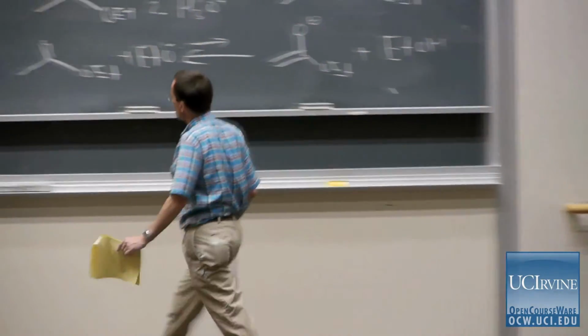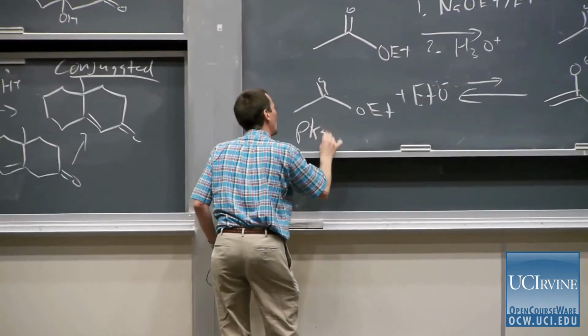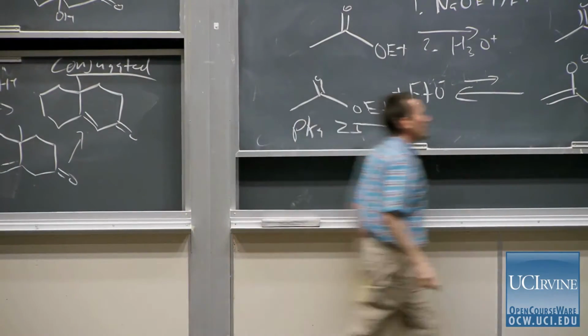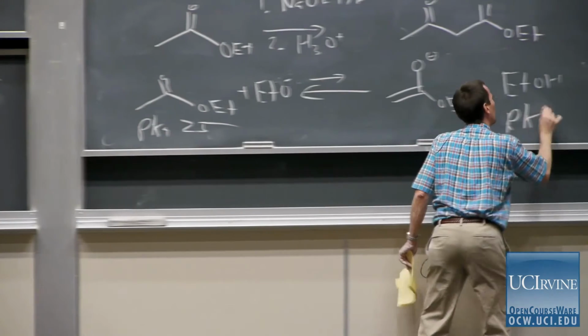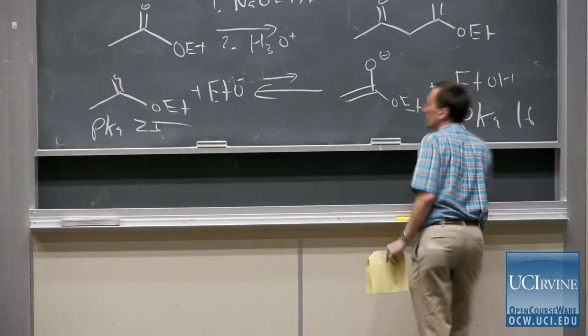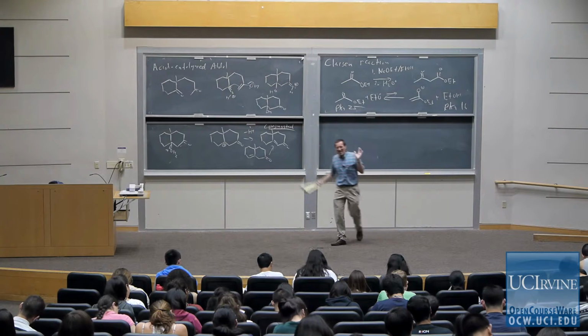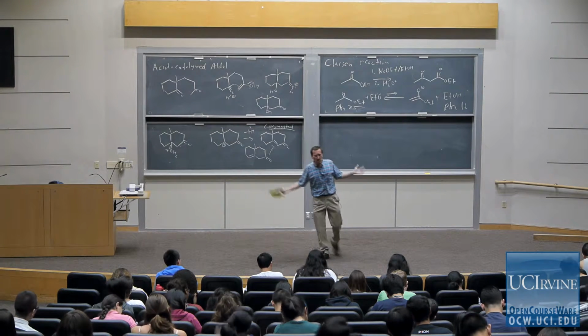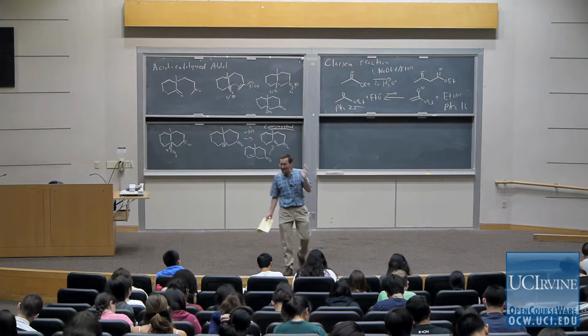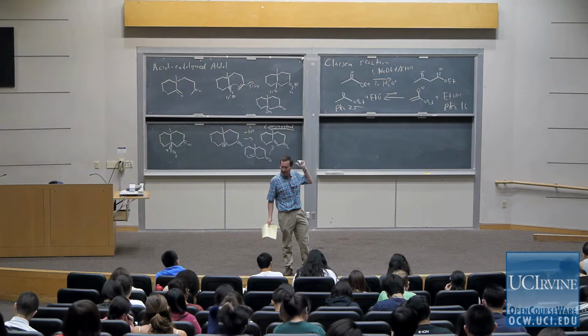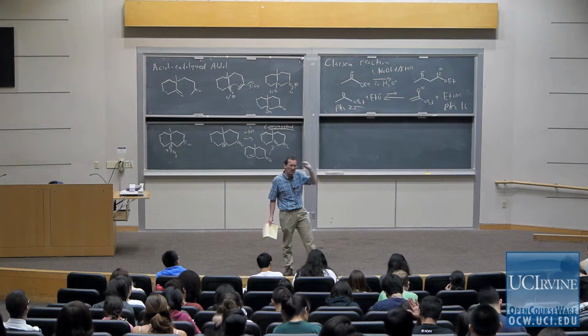Again, I'll write our pKa's here. pKa 25, pKa 16 or 17. Your textbook uses 16, so I'll use 16. It's 9 orders of magnitude. Equilibrium constant, 10 to the negative 9th to the left. And it's just right on the cusp.